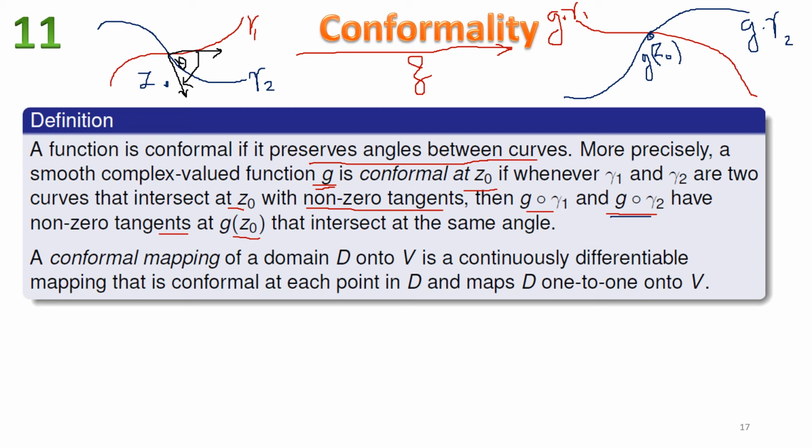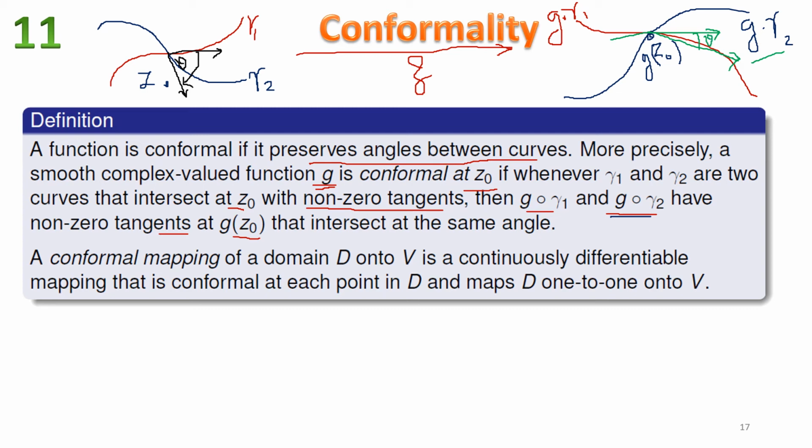Now we have to identify g operated on gamma 1 and draw a tangent to that curve at g of z0. So this is the tangent. Then we have to identify g of gamma 2 and draw a tangent to the curve at the point g of z0 and identify the angle theta.